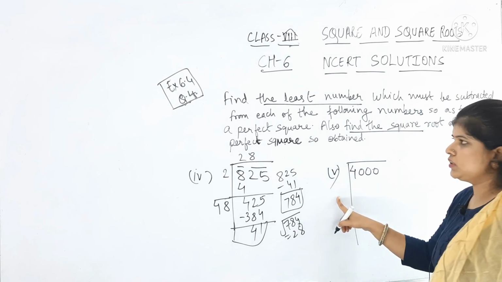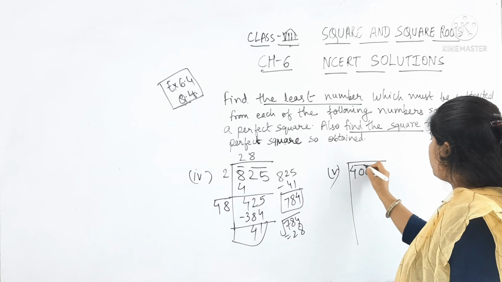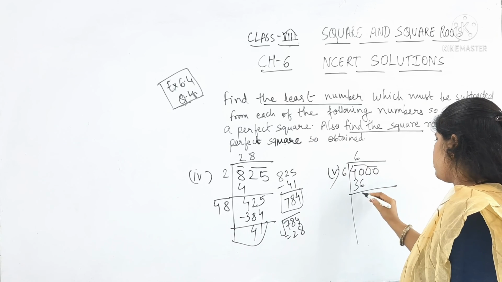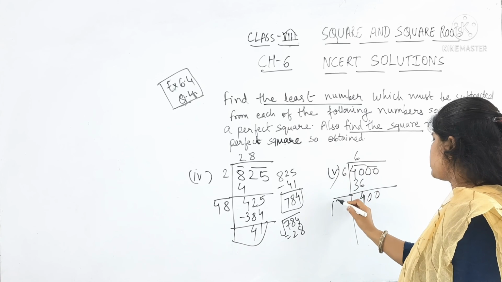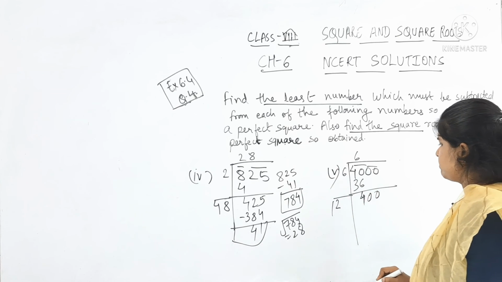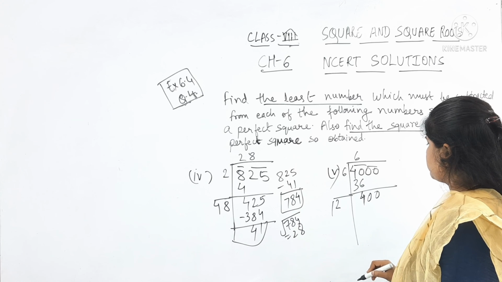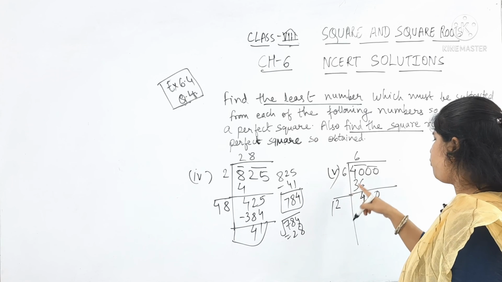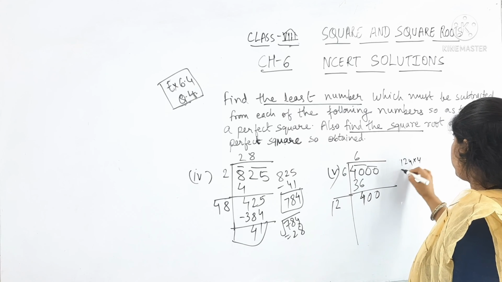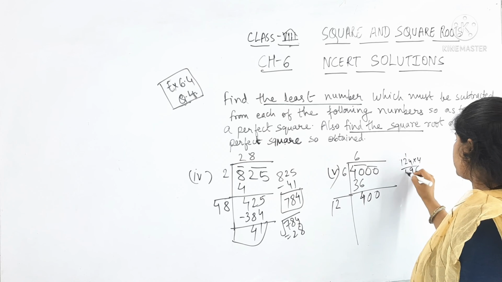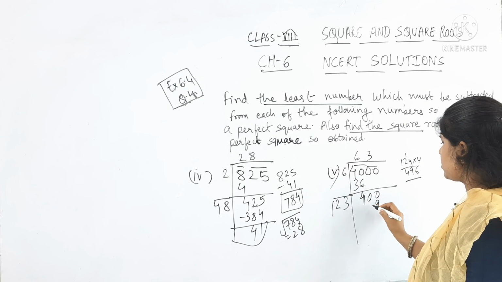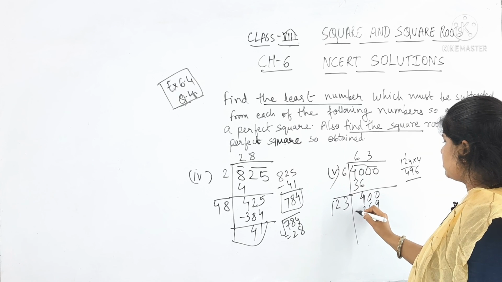Okay. Now this is the fifth question. Question number 4, last question. Okay. So here 6 6s are 36. 6 plus 6 is 12. 3 3s are 9. 3 2s are 6. 3 1s are 3. 4 4s are 16. 4 2s are 8. 4 1s are 4. 496 will be greater, so I will go with 3. 3 3s are 9, 3 2s are 6, 3 1s are 3.